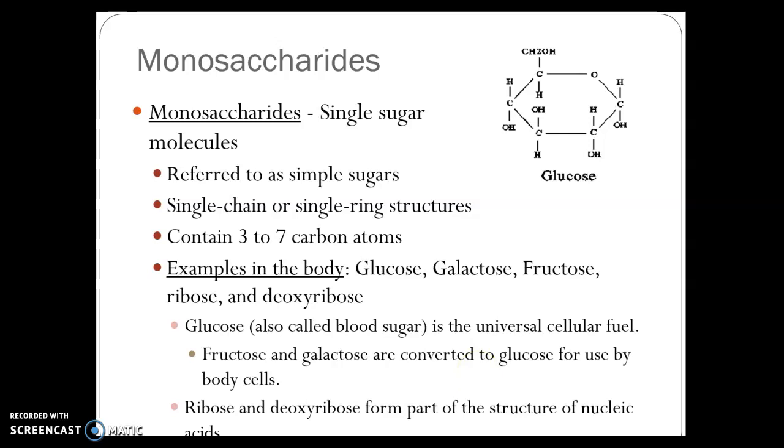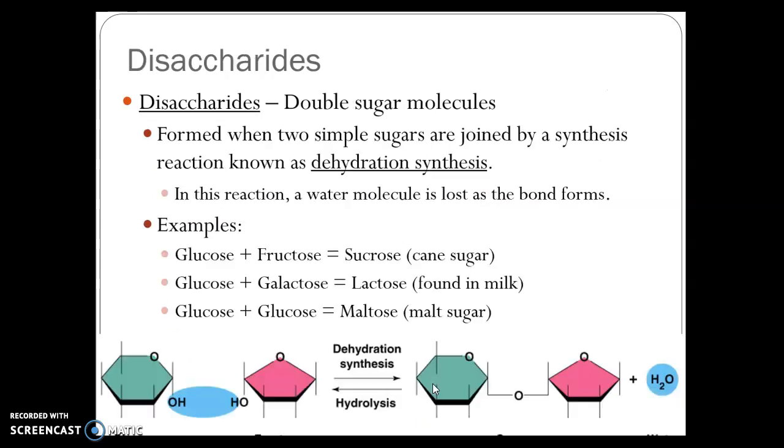And it needs that to go through cellular respiration in the mitochondria. Remember, the powerhouse of the cell, everybody likes to call it that. It gives us that energy, and glucose is a big part of that. These fructose and galactose are converted into that also when they go into our body.